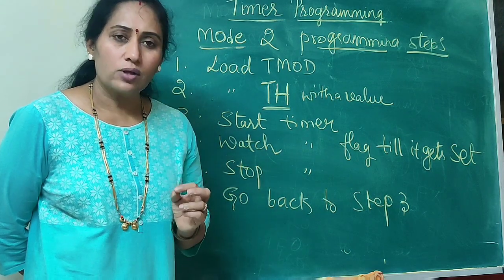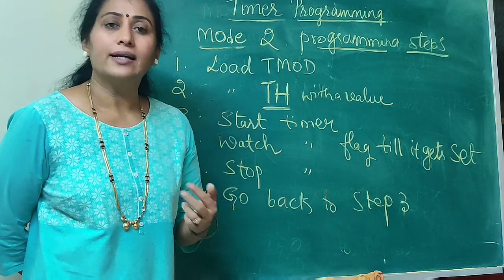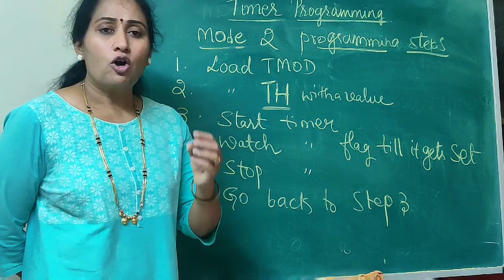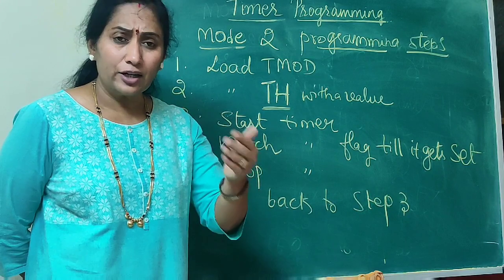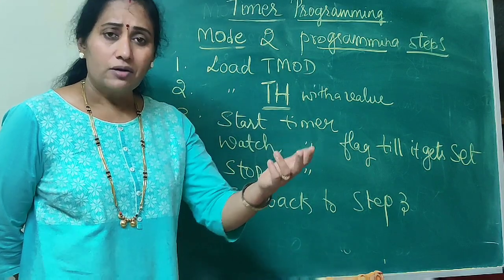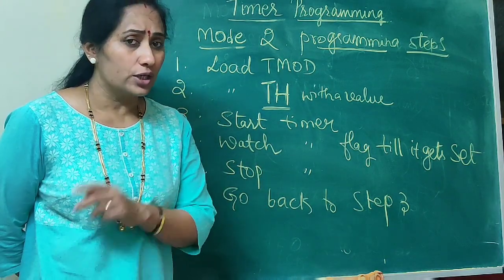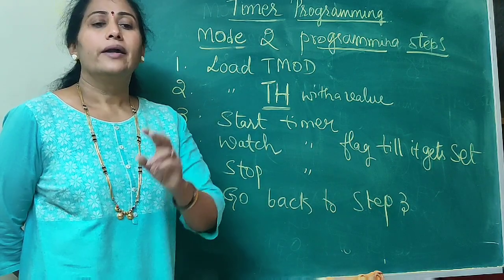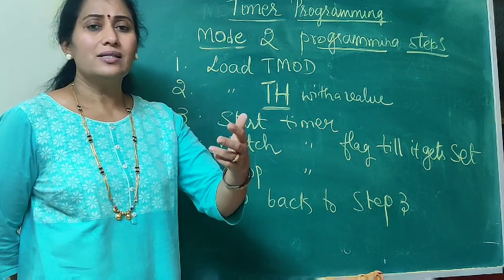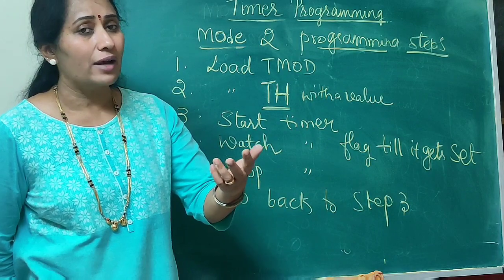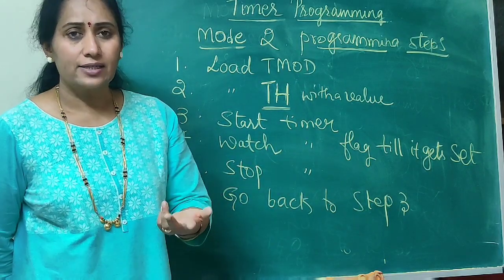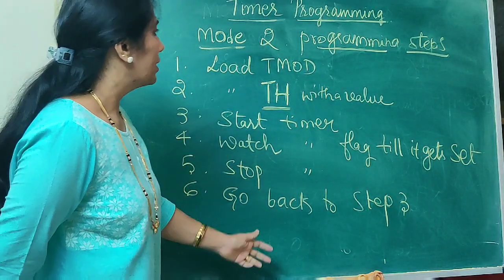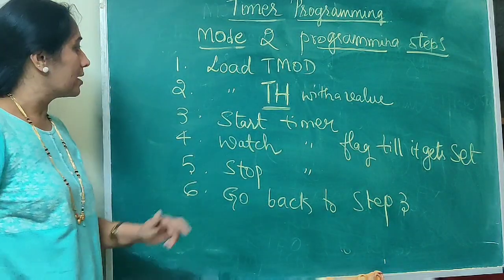Once I load the value in TH and start the timer operation, a copy of TH will be sent to TL, and the content of TL is going to change, whereas TH keeps the original count. Once the counting begins in TL and reaches the maximum value FF, and with the next pulse it rolls over, the flag gets set. So that's what we have written here in the mode 2 programming steps.